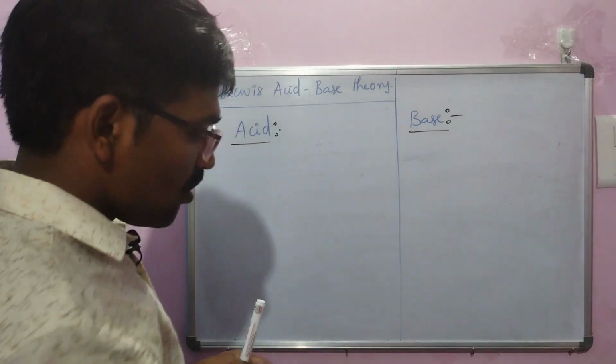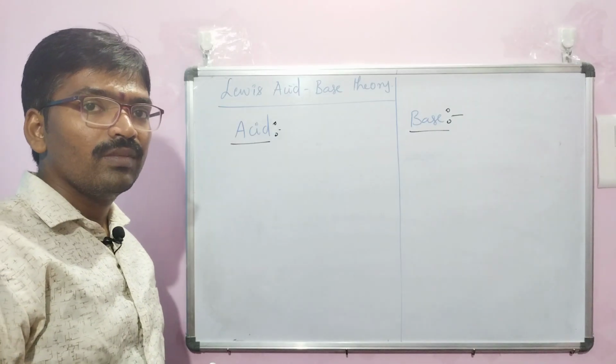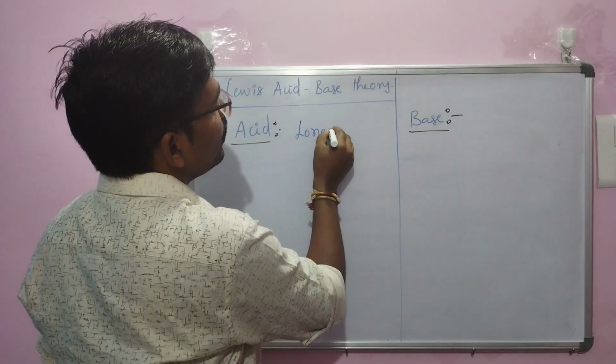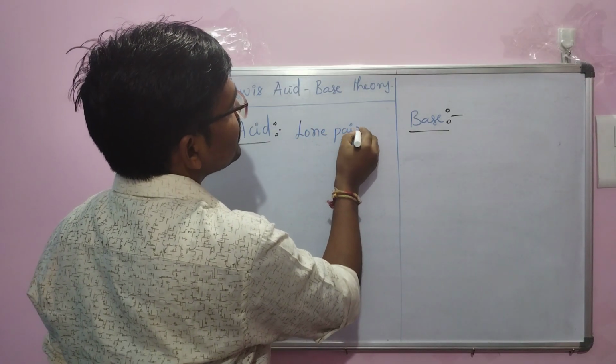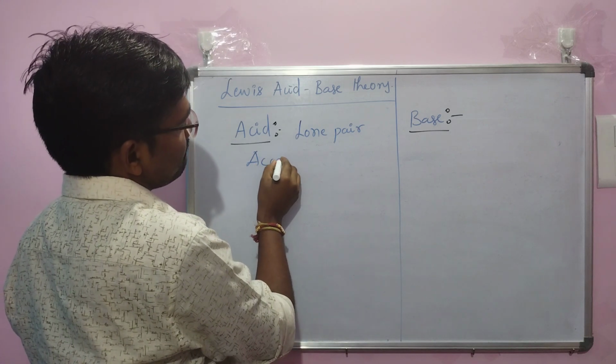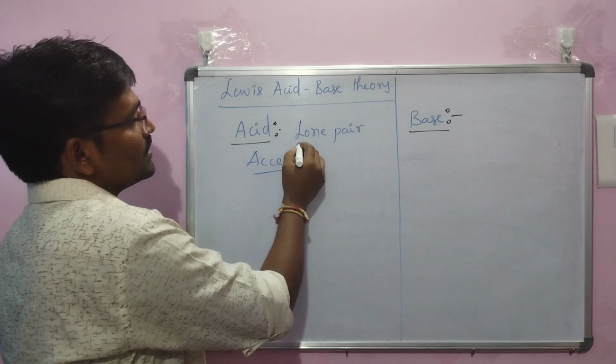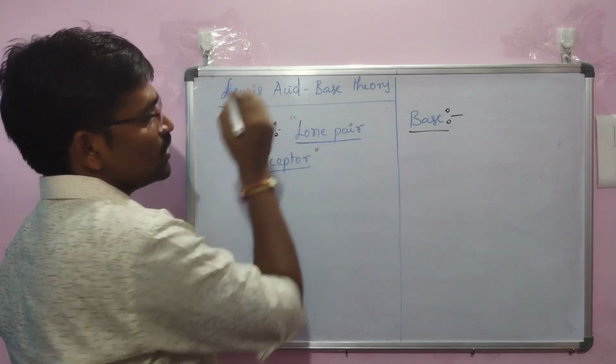Here, according to Lewis, an acid is a lone pair acceptor. Lone pair acceptor is acid.